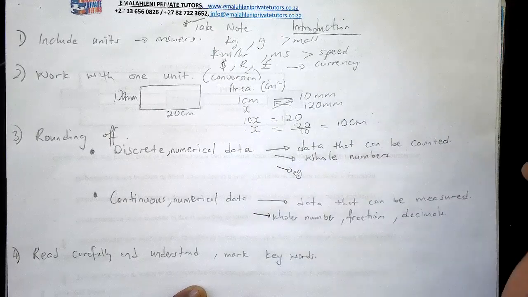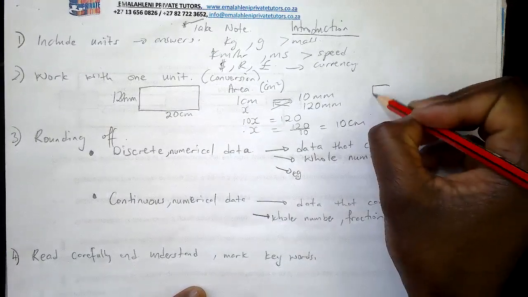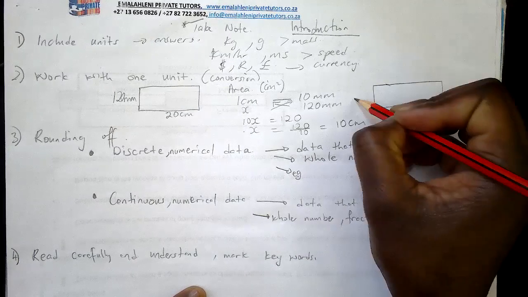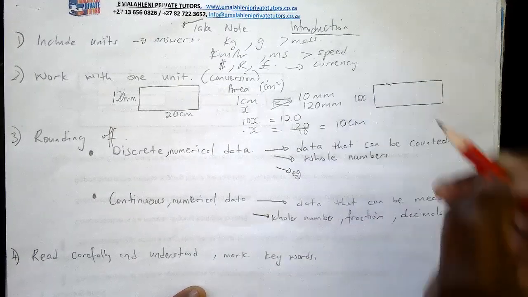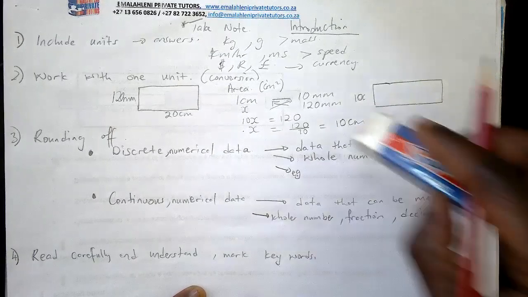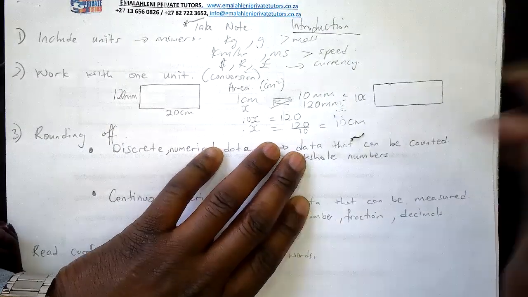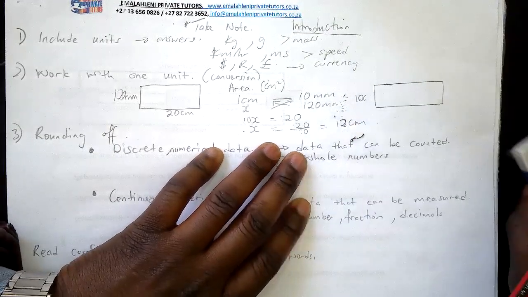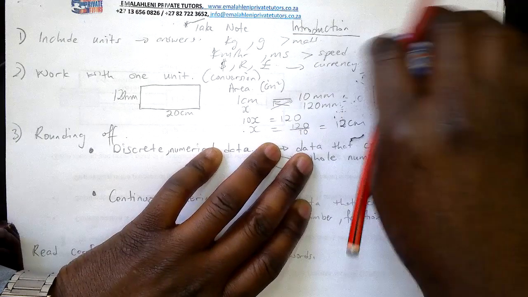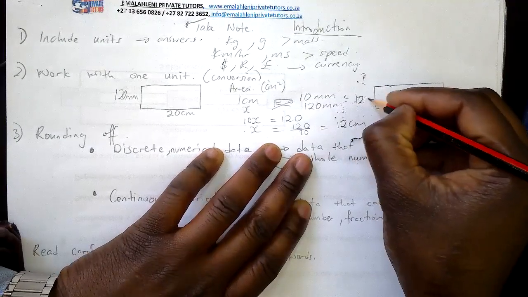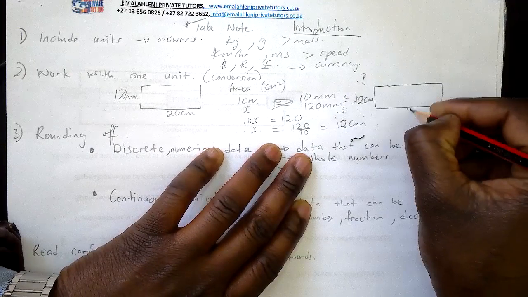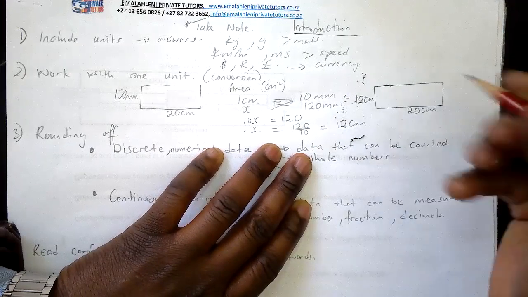So in this way, we have a rectangle with 10 centimeter, sorry, 12 centimeter, I just made a mistake there. It's supposed to be 12 centimeters times your 20 centimeters.